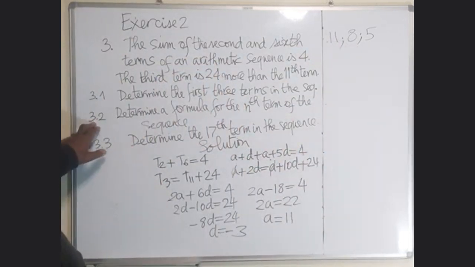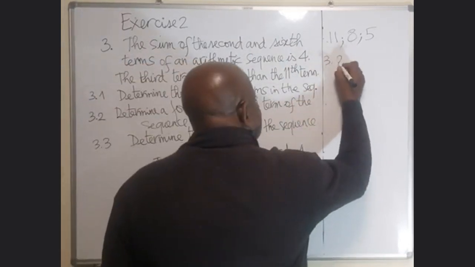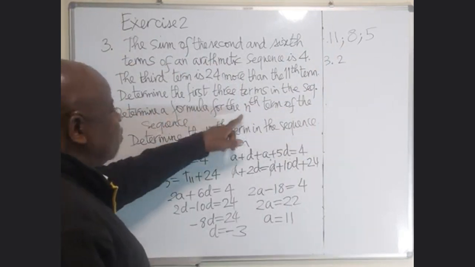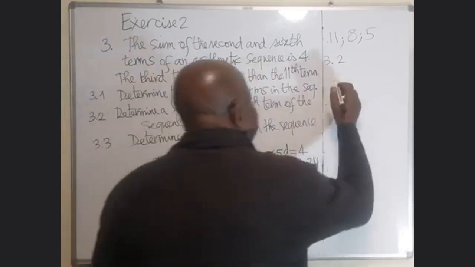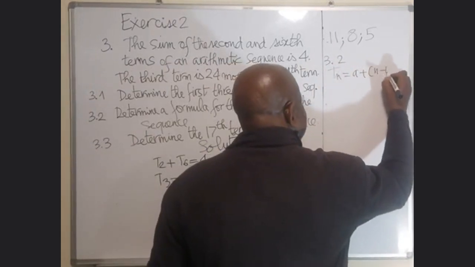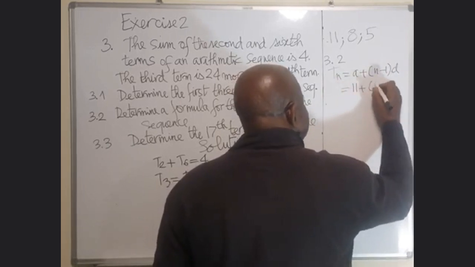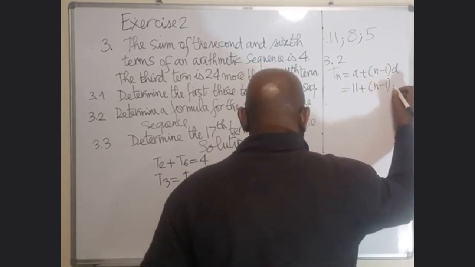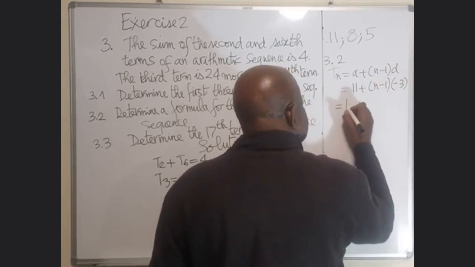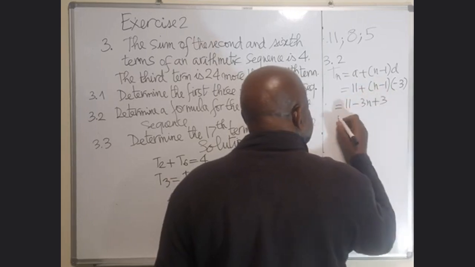We're going to the next question, 3-2. Determine a formula for the nth term of the sequence. Tn will be equal to a plus n minus 1 times d. This will be 11 plus n minus 1. Our common difference is negative 3. Then we will get 11 minus 3n plus 3.